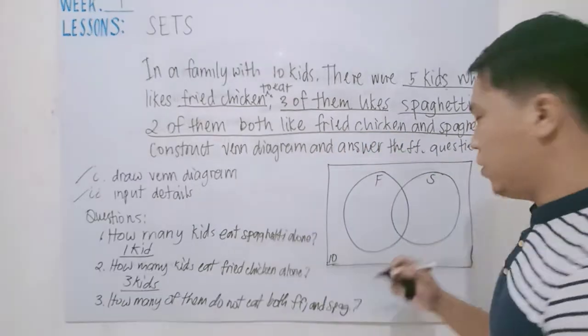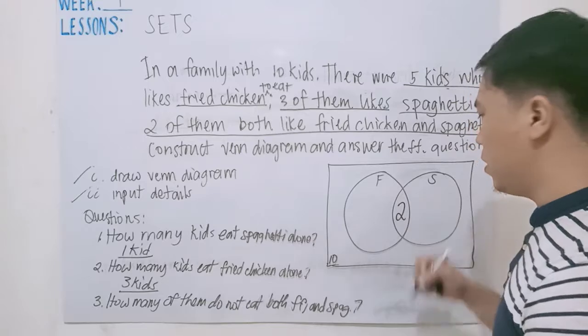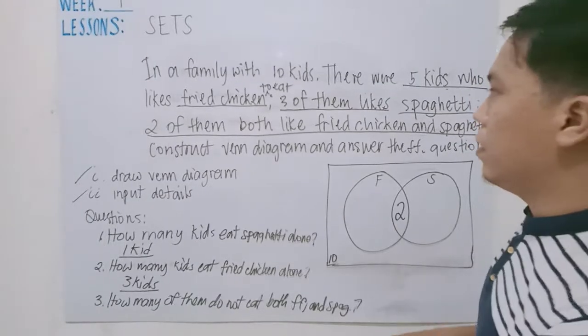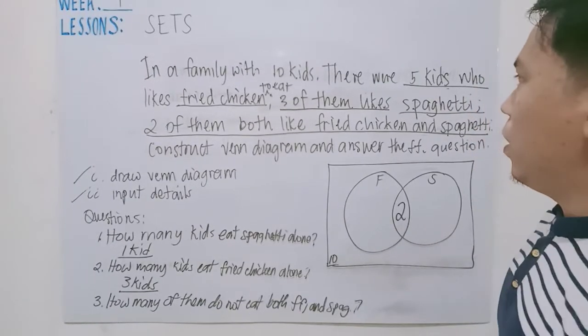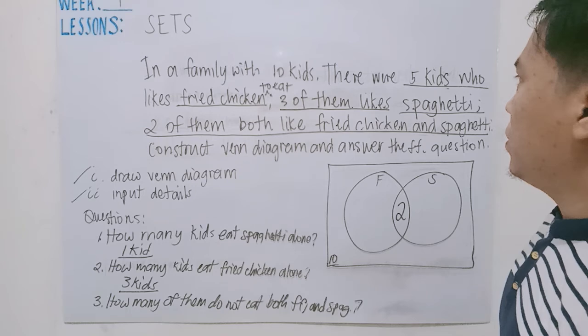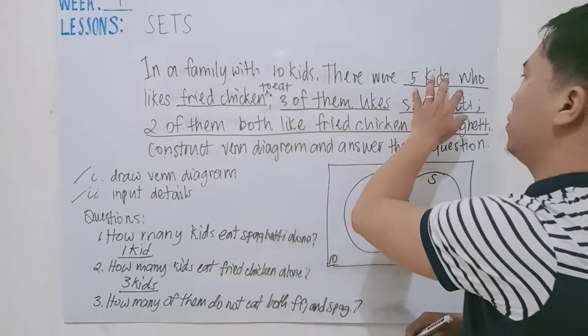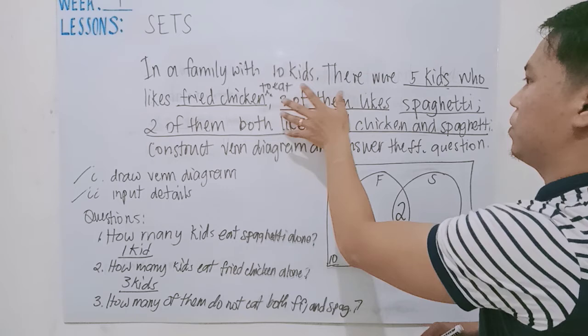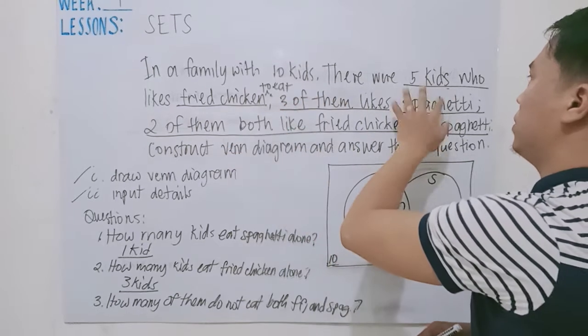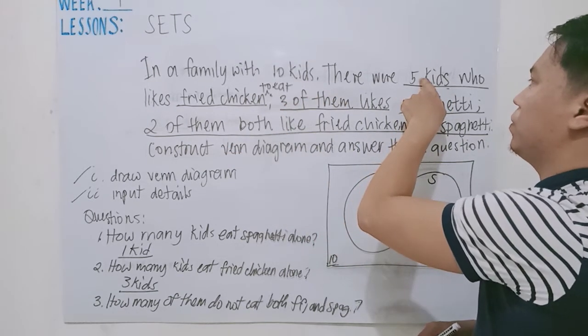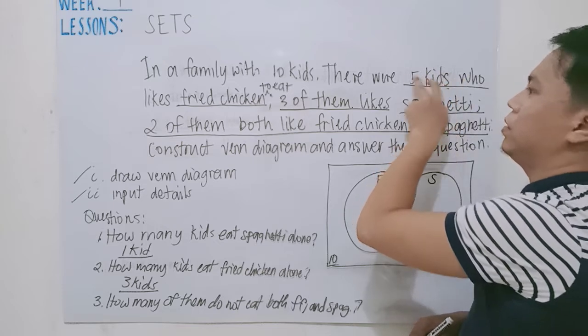So we're going to put 2 here, in the middle part. And now we are able to do the sides, of which comes first, either the fried chicken or spaghetti. So let's take first the fried chicken.